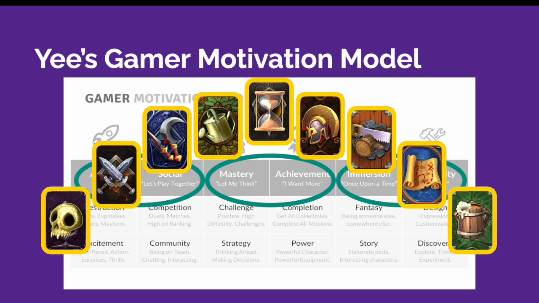So certain repeating patterns. Remember, one of the definitions of archetype is a repeating pattern or motif. So certain repeating patterns that appear in terms of a particular balance of these 6 core motivations that were identified at the aesthetic level.